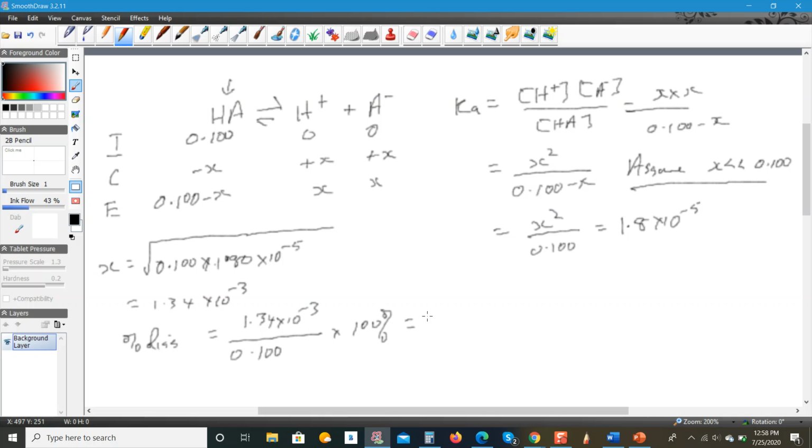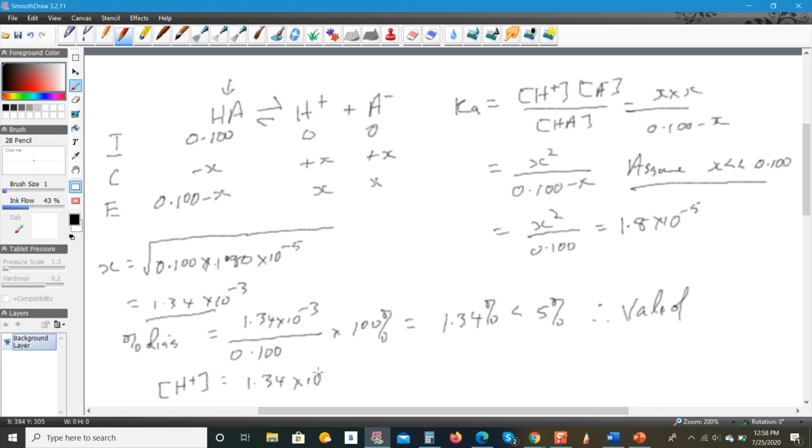And according to my calculations, this works out to be equal to 1.34%, which is less than 5%. So therefore, the assumption is valid, right? So therefore, we can go ahead and use this value to represent the concentration of H plus.